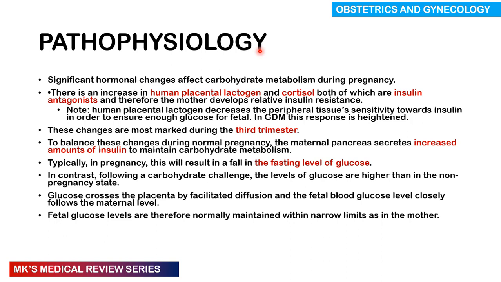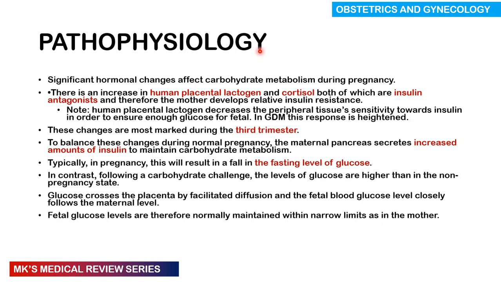Once the levels of these hormones increase as the pregnancy goes further and further, especially most marked in the third trimester, this is going to decrease the sensitivity of the peripheral tissues towards insulin, such that the mother's peripheral tissues will not be responding so well to the insulin. And this response is of course heightened in gestational diabetes mellitus, such that in pregnancy, this person is going to have a much higher rise in the blood glucose levels than usual.